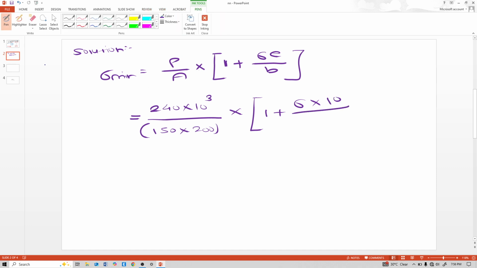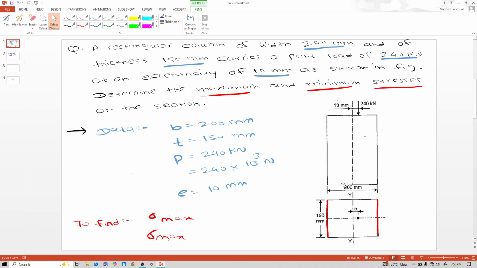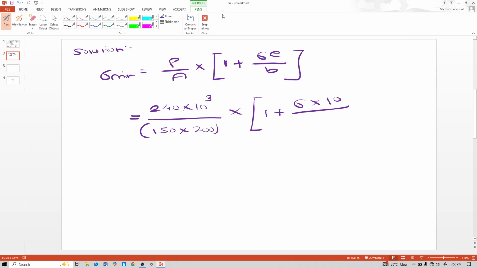And B, the width of that column, is again this 200 mm. That means this side. Remember that, don't make a mistake here. It is B, not area.